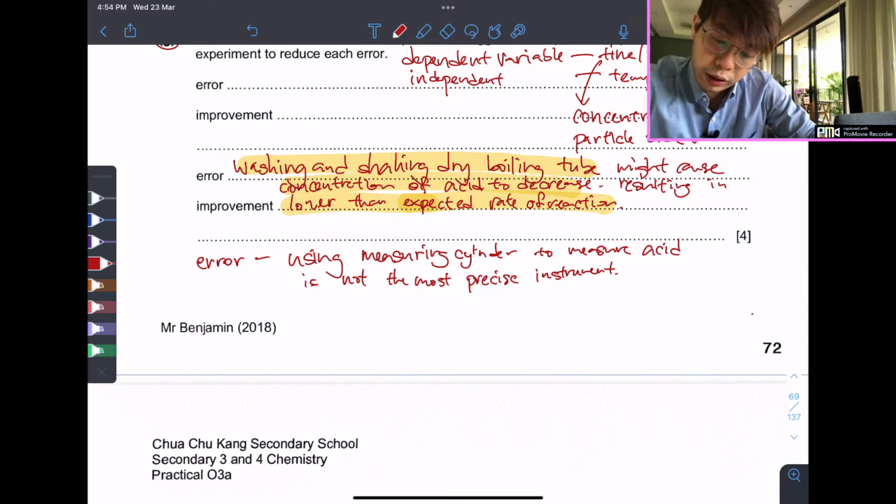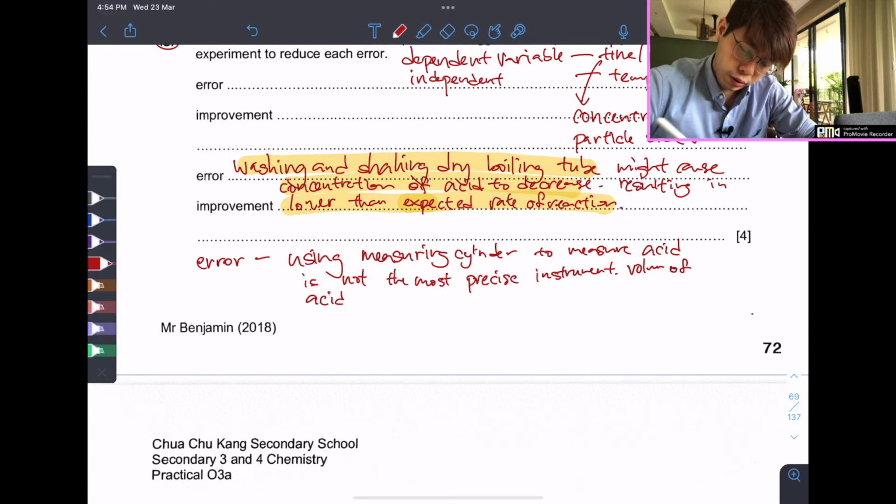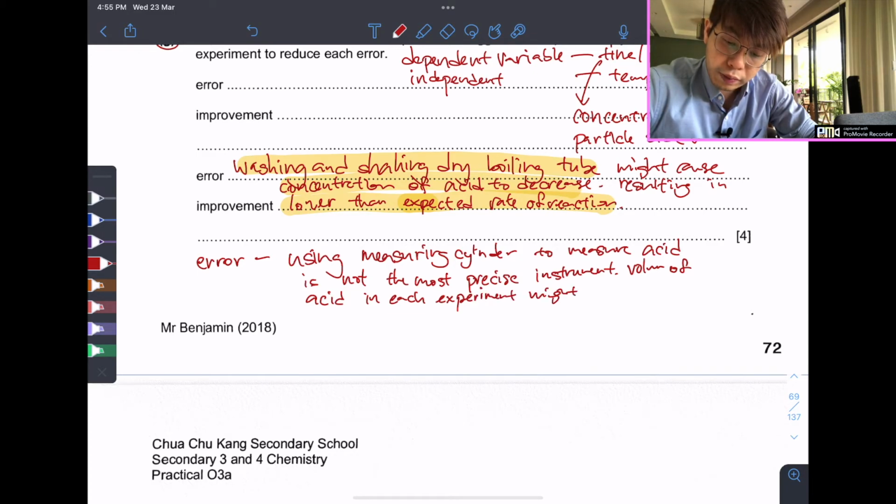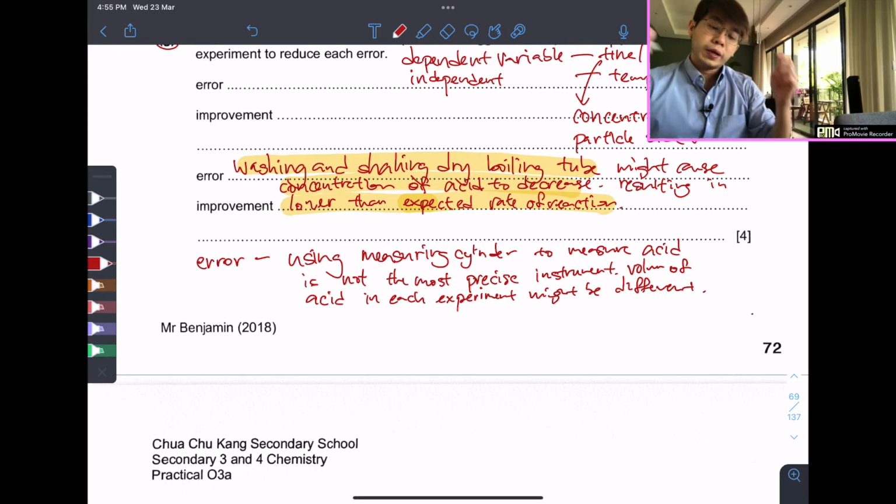Right? So therefore, the volume of acid in each experiment might be different. So then the way to improve this is that we use a burette, right, every single time.